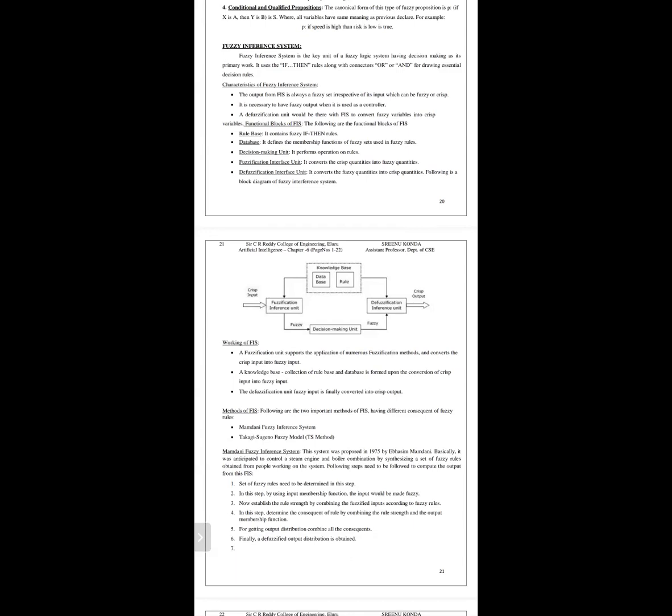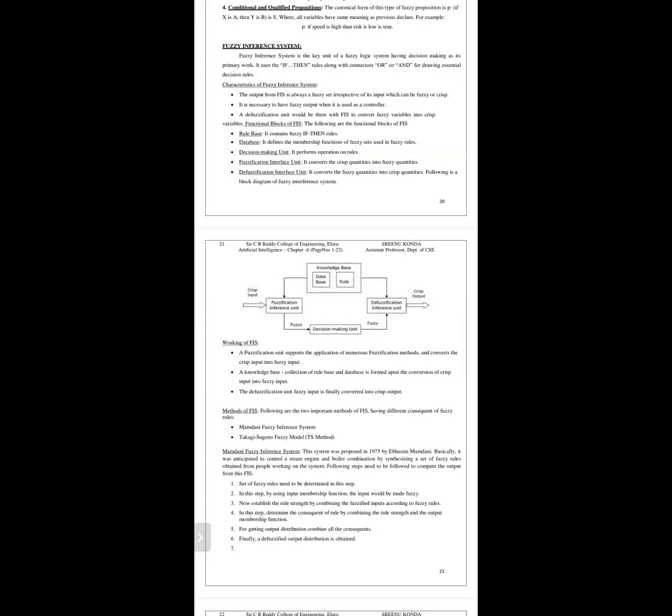So that means OR and AND operations are used along with the if-then rules for drawing essential decision rules. So in order to take decisions, it uses if-then rules, and along with that it uses the connectors OR and AND.